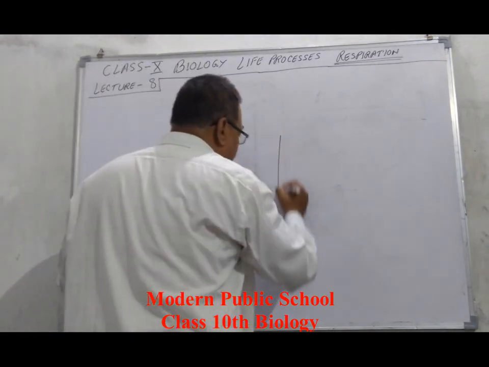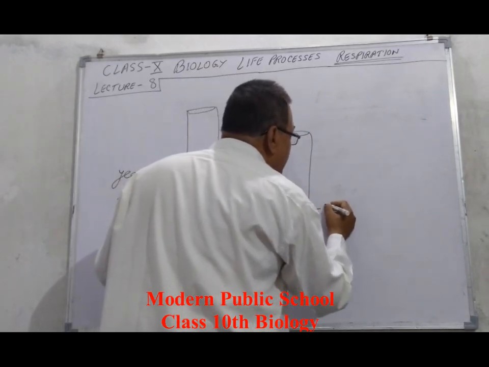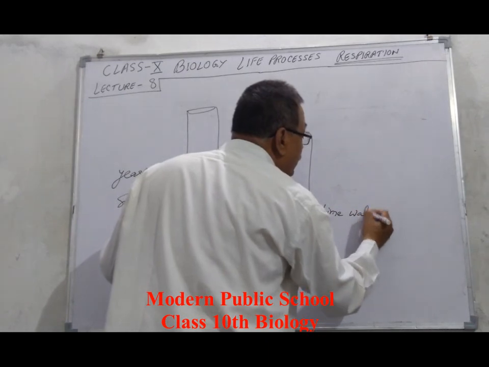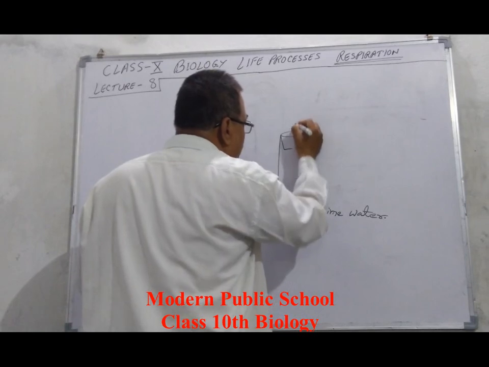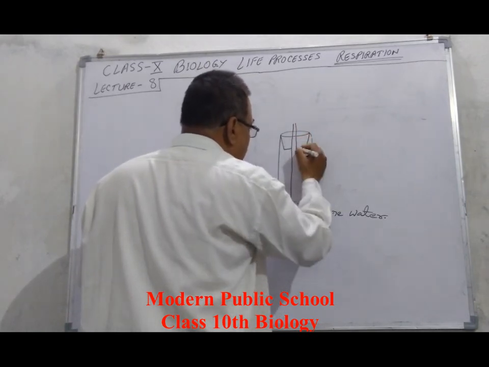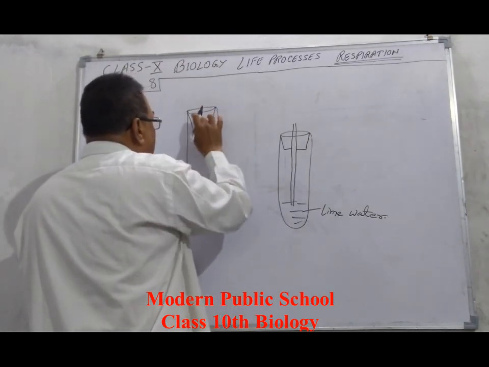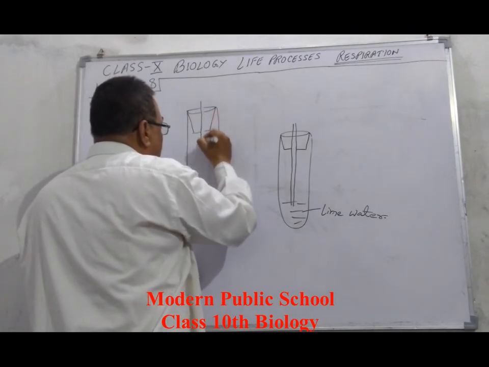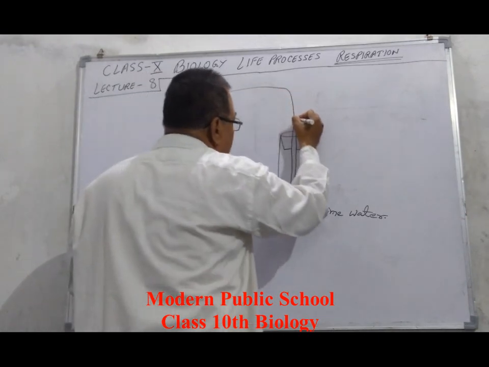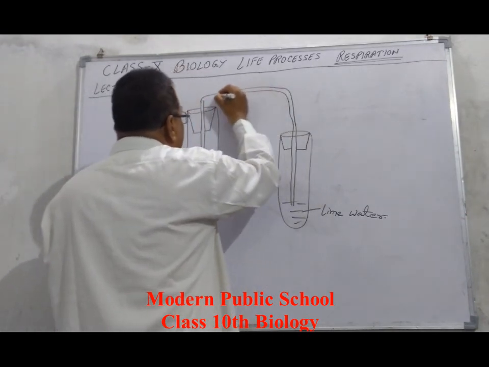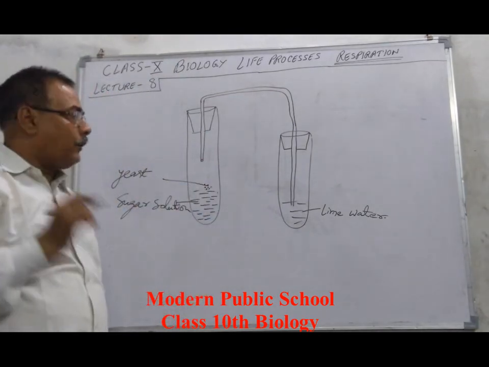In another test tube, put freshly prepared lime water. Put one whole cork here and here also one whole cork. Connect them with a bent glass tube, bend माने मुड़ा हुआ glass tube. Leave this for at least half an hour.